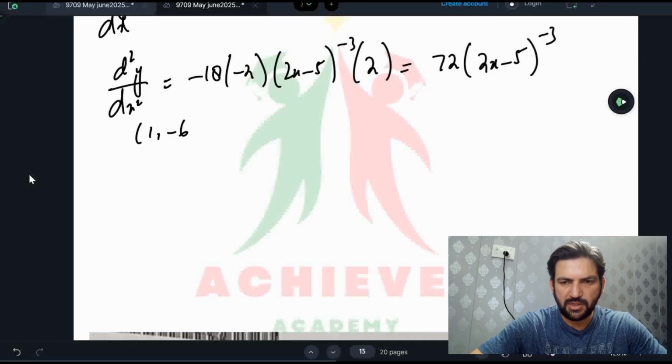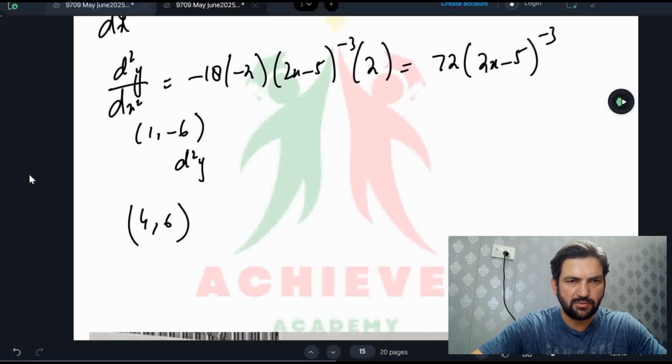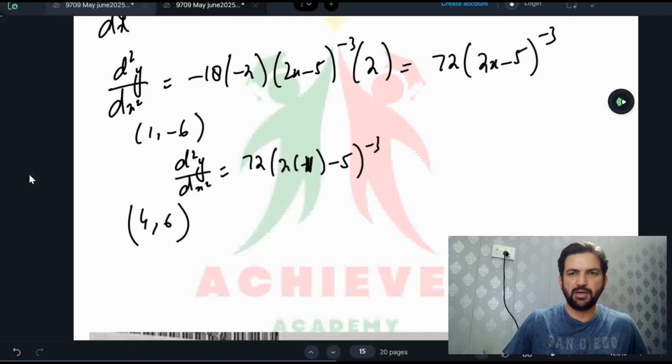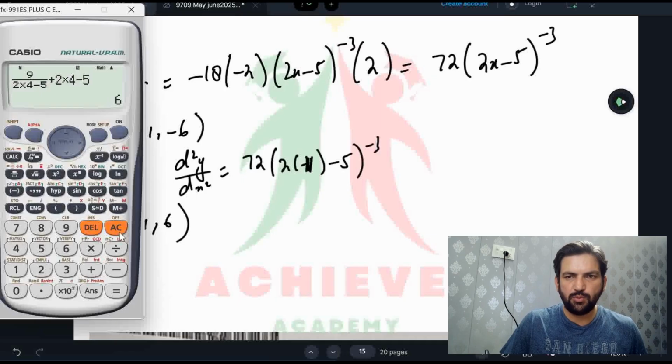Let me check it using the calculator. (2 minus 5) to the power minus 3, multiplied by 72. So the answer is minus 8 by 3, which is less than 0, which means that this point is a maximum point.